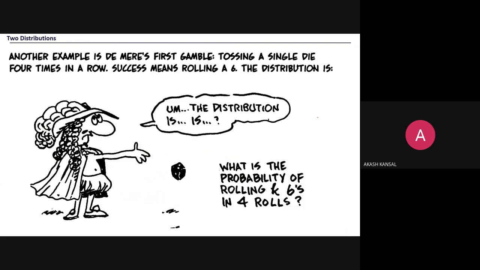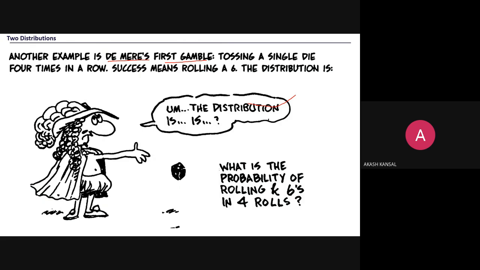But I will leave this with an example. If you remember, in the first session we were discussing Demir, who was a gambler, and he was trying to compare two scenarios: in one, a die was rolled four times and he wanted the probability of a six, and in the other, two dice were rolled and he wanted to calculate the probability of a double six in 24 rolls, right?